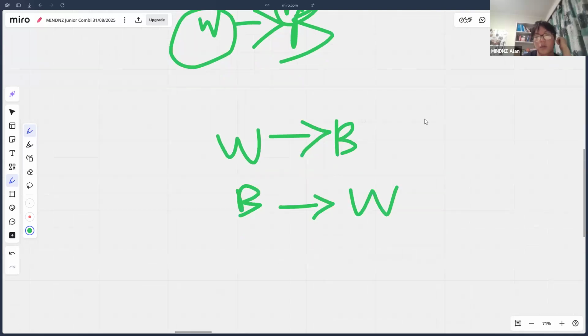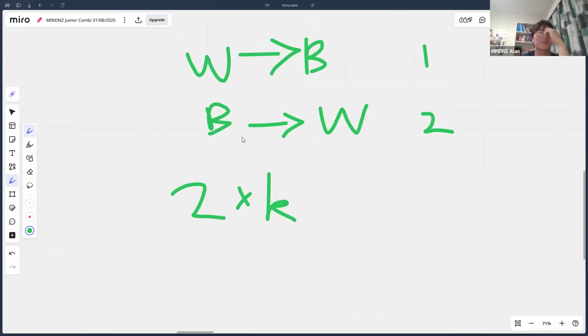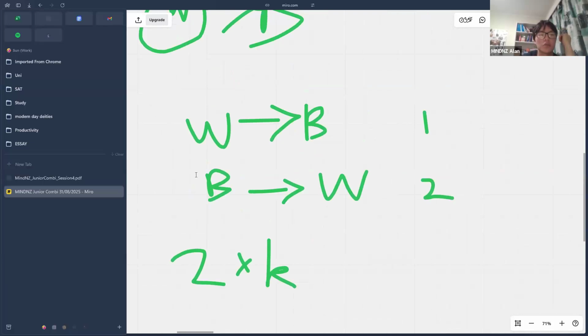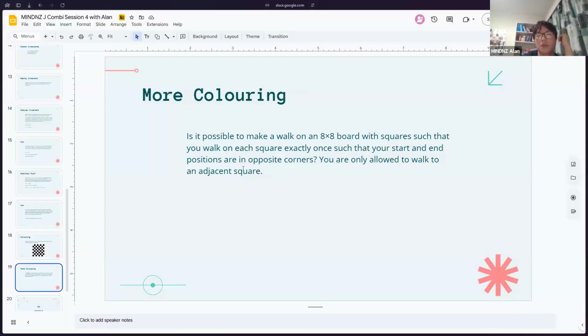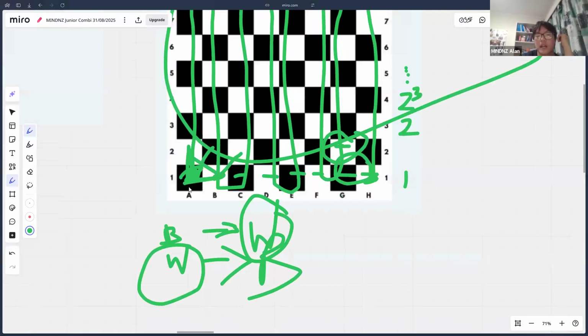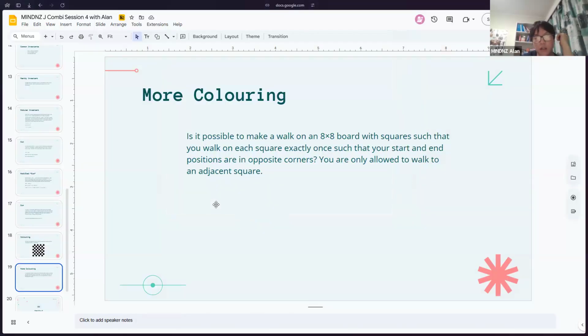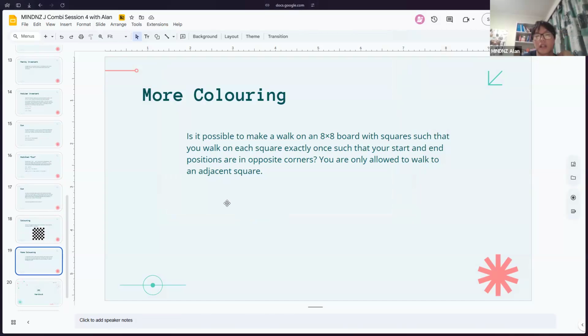And this is achieved after one move, two moves. So after two times k moves, where k is some whole number, we will be able to reach the same color square. And we want to reach the same color square after an odd number of moves, because to cover the whole board, we have 63 moves since we start on one of the squares originally. And 63 is an odd number, right?